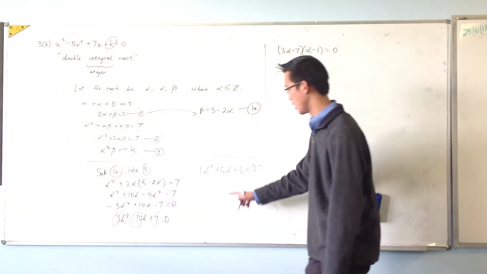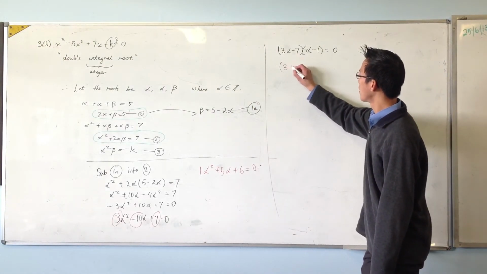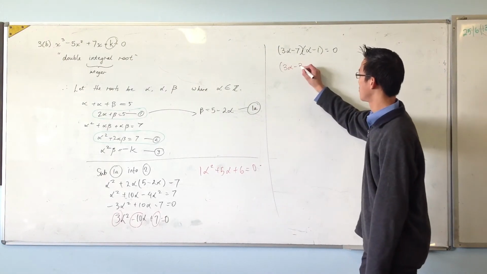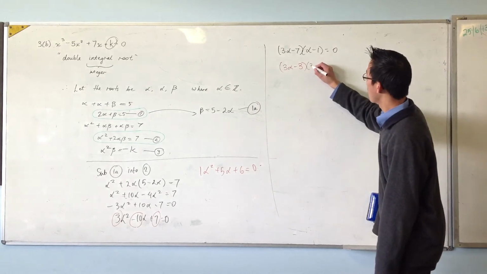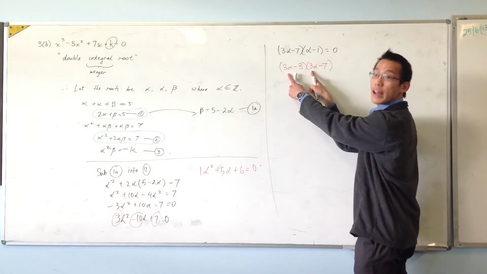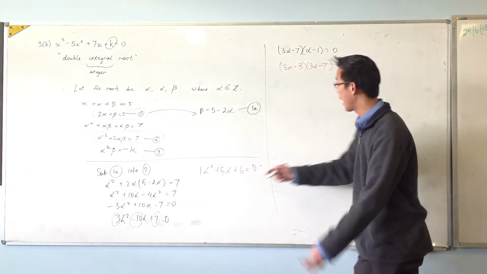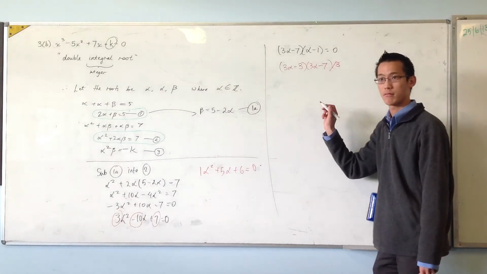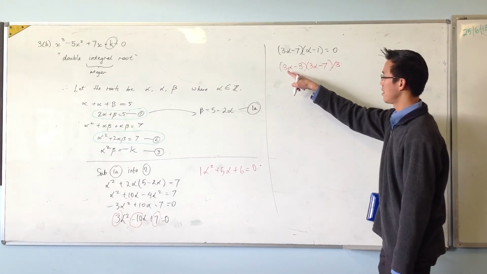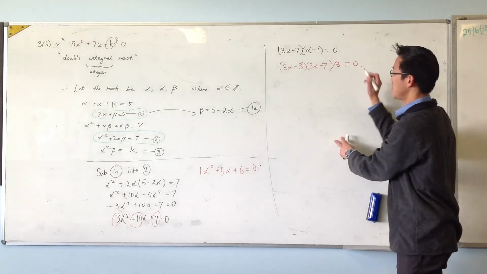So here's what I'm going to do with the negative 3 and the negative 7. I'm going to put in 3 alpha here, and then my first number, and then 3 alpha, and then my second number. But when I expand this back out, I'm not going to come back to where I started, right? So to compensate, I'm going to divide by 3. So this 9 alpha squared will turn back into a 3 alpha squared, and that's equal to 0.